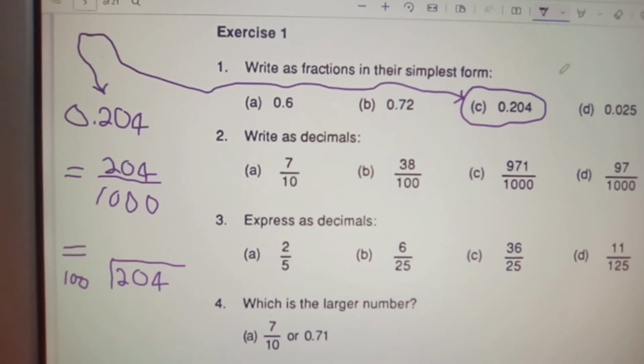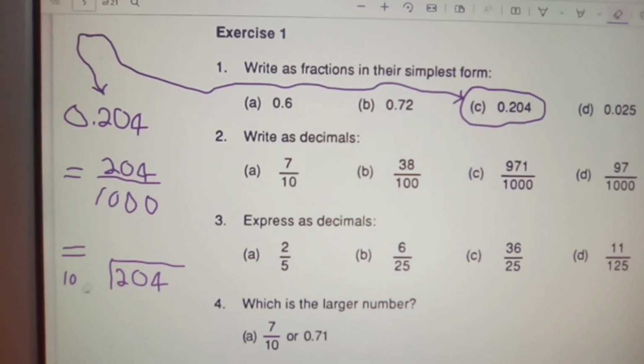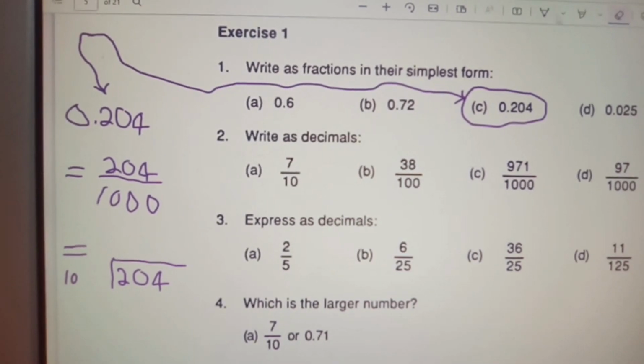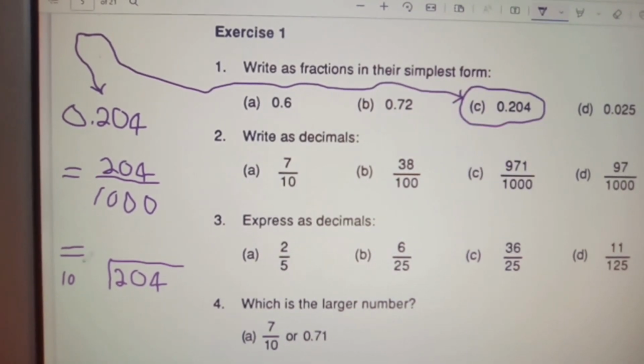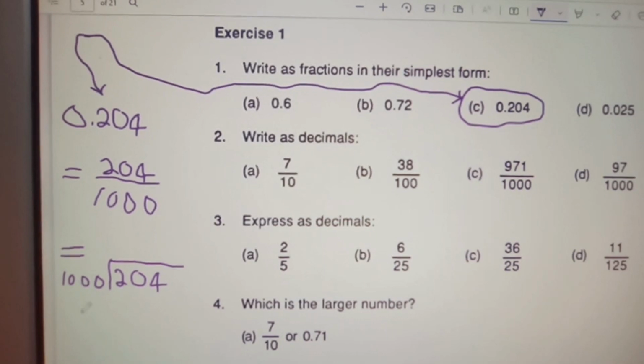There must not be any doubt as to what that is, so let me just rub him out. Let me get my pen. Okay, thank you. And we need to make sure that it is a 0 and nothing else, and there is no conflict of any misunderstanding. Okay, 0 and another 0. So therefore we have 204 divided by 1000.